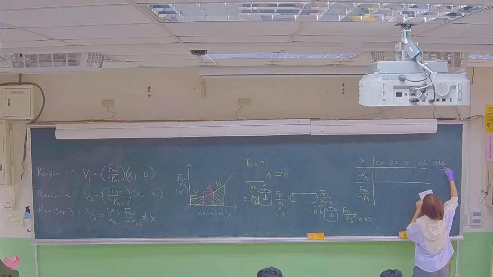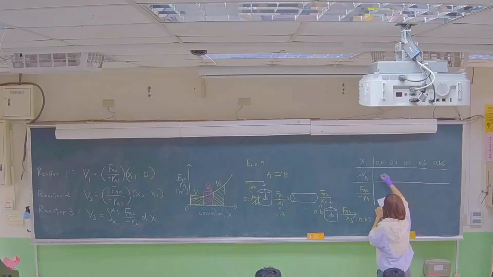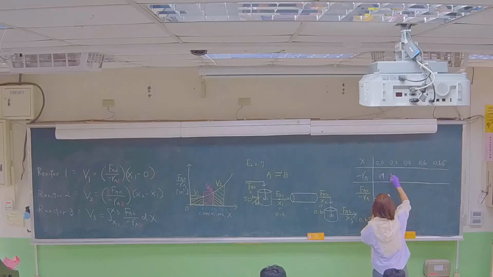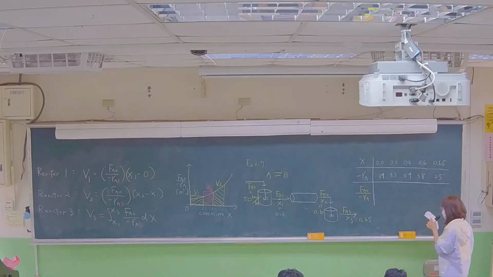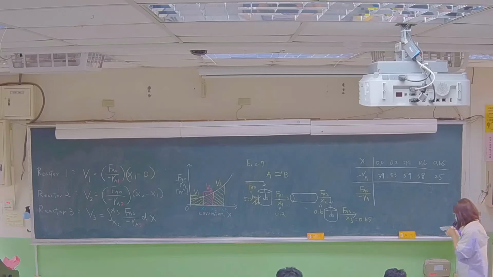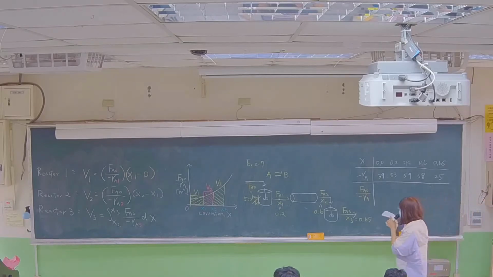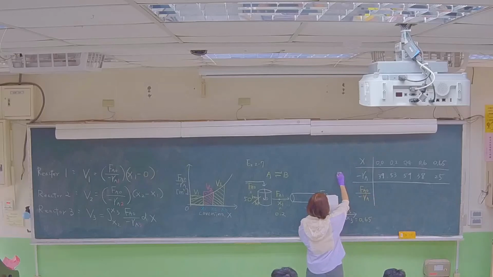We have 5 points, and at this point we got a reaction rate. Let me put a unit, sorry. Unit is important, so please put a unit.